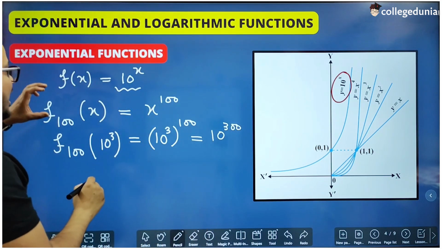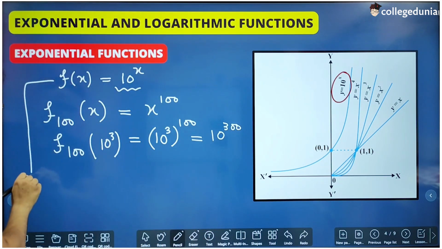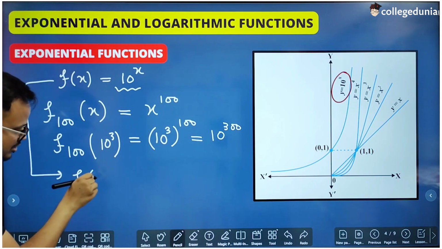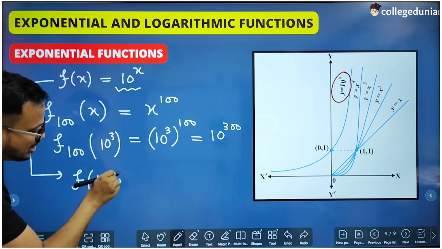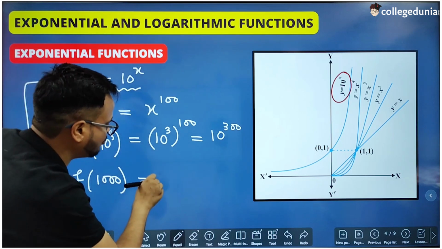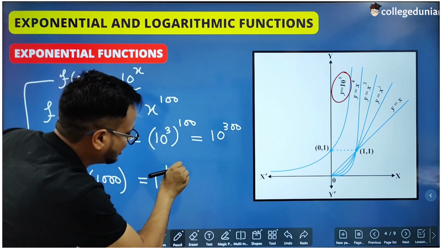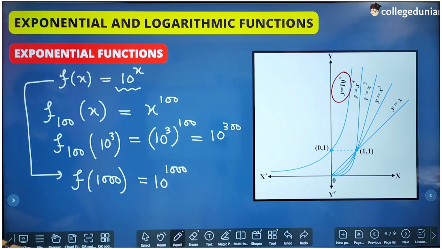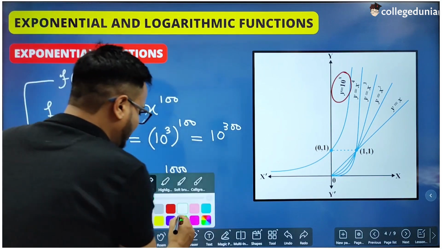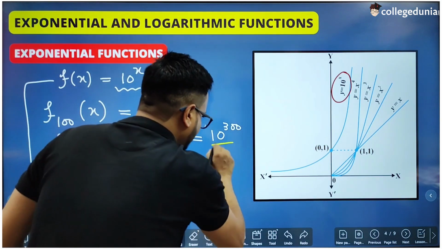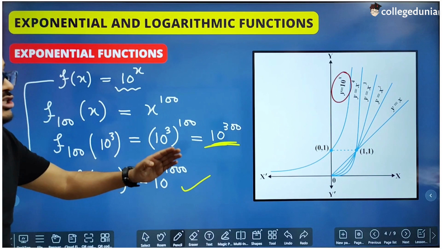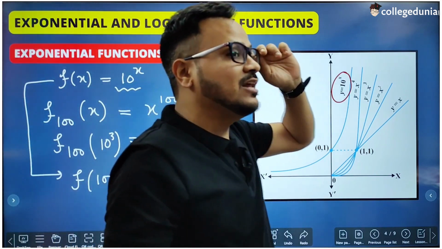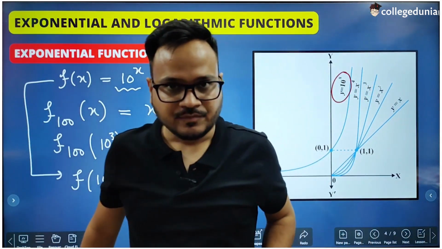Now if we put x as 1000 in the exponential function, we are going to get 10 to the power 1000, which is obviously greater than this. So the exponential function will increase more rapidly, right?